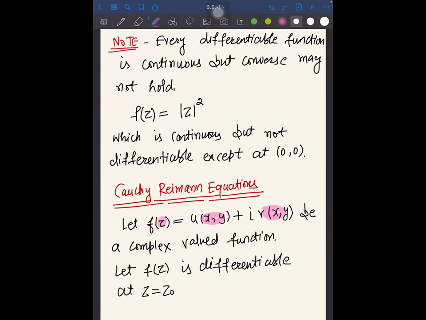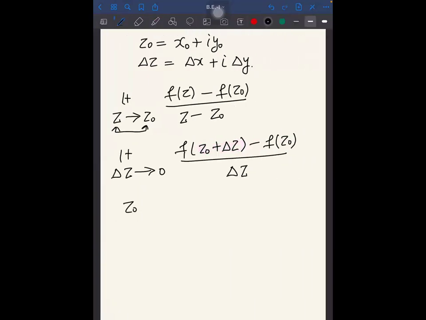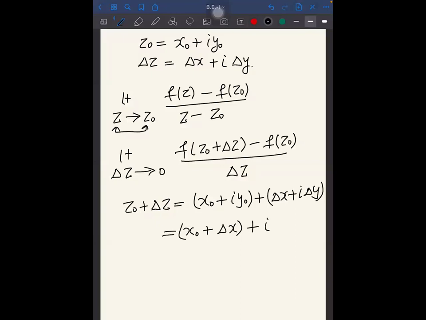So let's calculate z naught plus delta z first. That is basically x naught plus iota y naught plus delta x plus iota delta y, or we can write it as x naught plus delta x plus iota times y naught plus delta y, right?